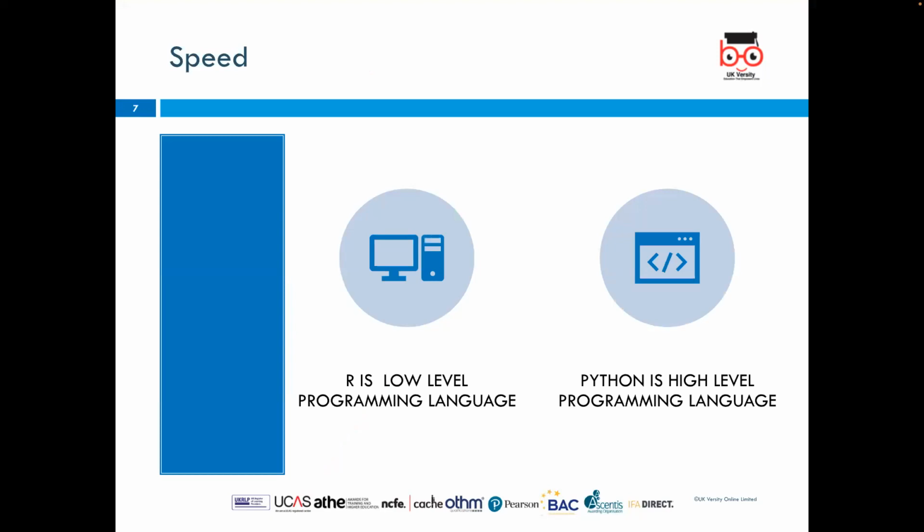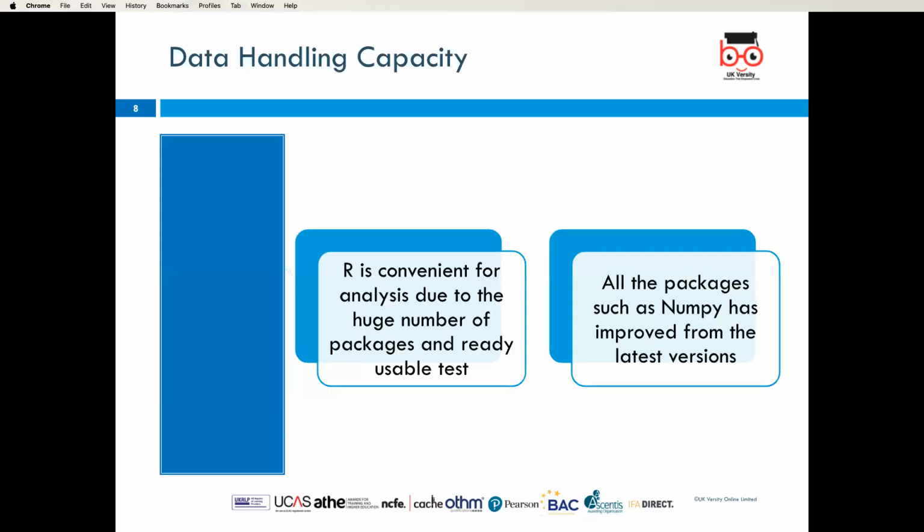So the differences between Python and R. Speed: R is a low-level programming language, Python is a high-level programming language. Data handling capacity: R is convenient for analysis due to the huge number of packages and ready usable tests. Packages such as NumPy have improved in the latest version.